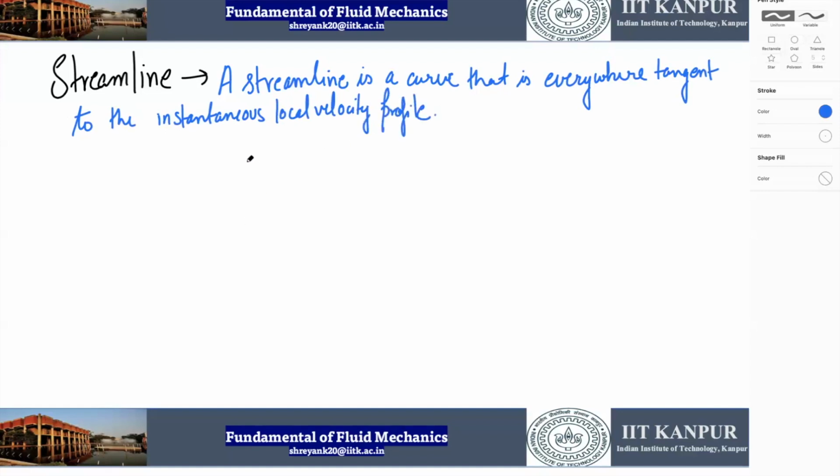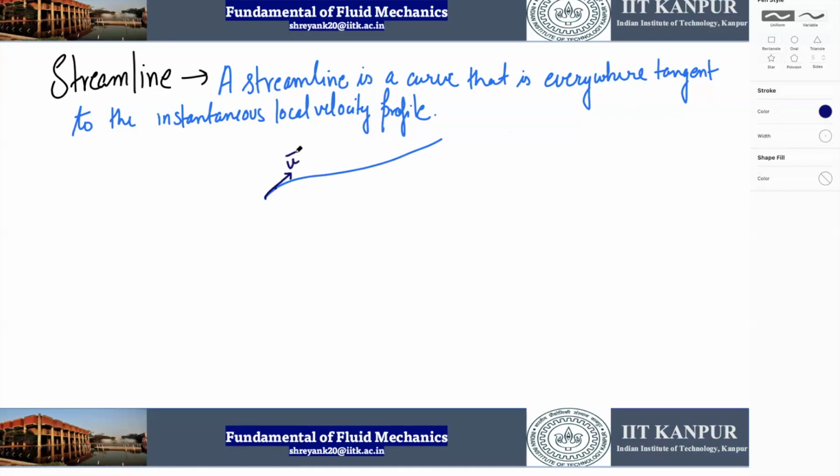Profile. So for example, let's say this is my streamline. At an instant, my velocity vector is this. Then locally, this streamline should be parallel to this velocity vector.